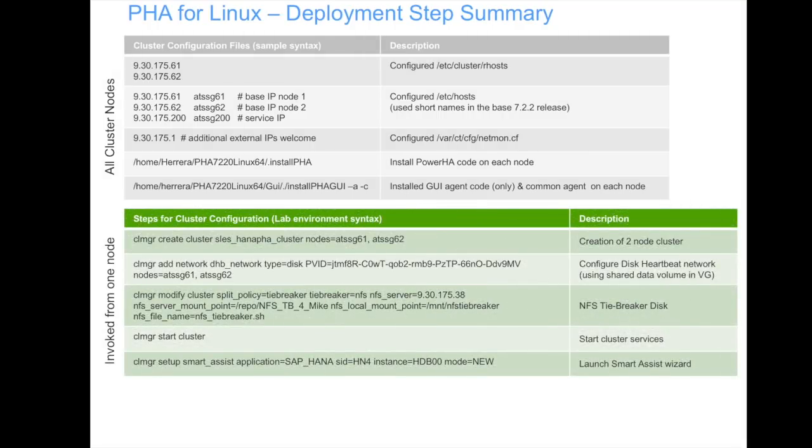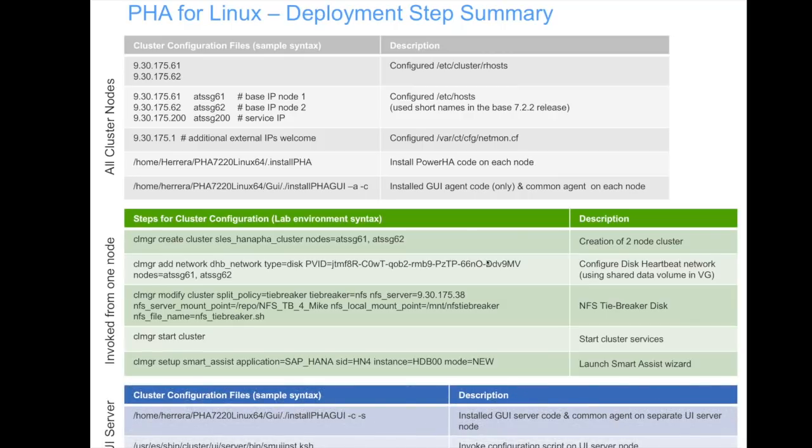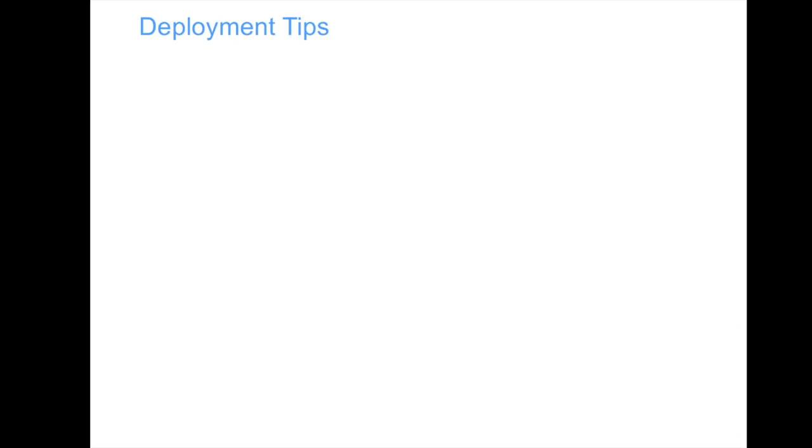From one of the cluster members, these are the steps that I used to go ahead and create my cluster and launch the Smart Assist wizard. And then on the UI server, I went ahead and I installed the common and server packages, and I ran that SMUI installation configuration script. So this is just kind of giving you a short summary as far as the steps that we took.